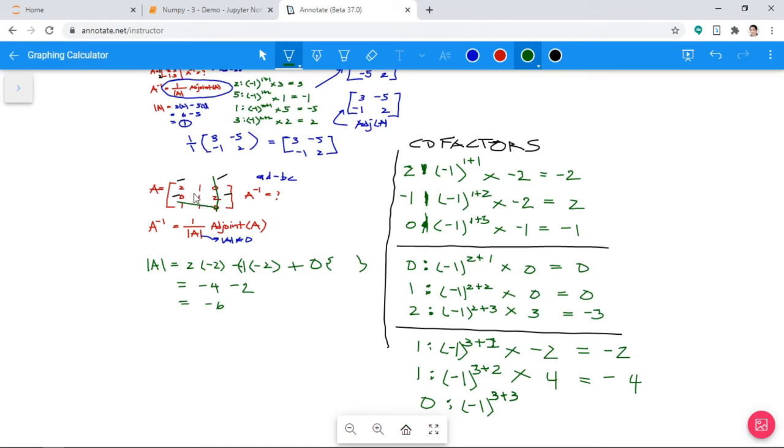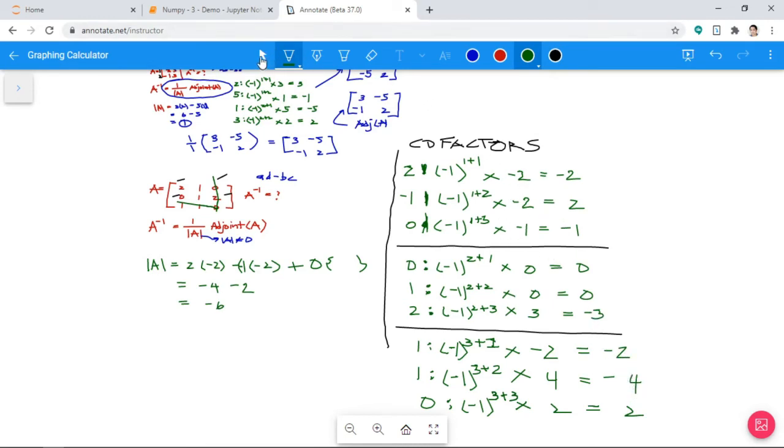So 2 minus 0 is 2. So this one is times 2. This is even. This will be positive. So 1 times 2 is equivalent to 2. So we have the following cofactors. Negative 2, 2, negative 1, 0, 0, negative 3. Okay, so negative 2, negative 4, and 2.